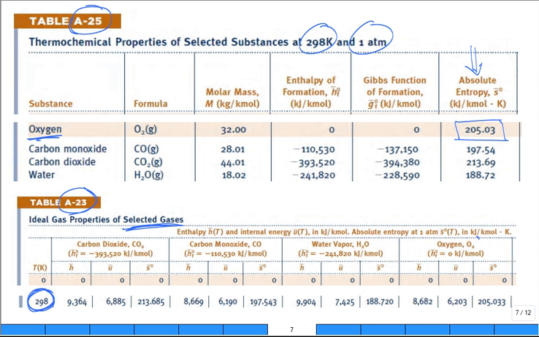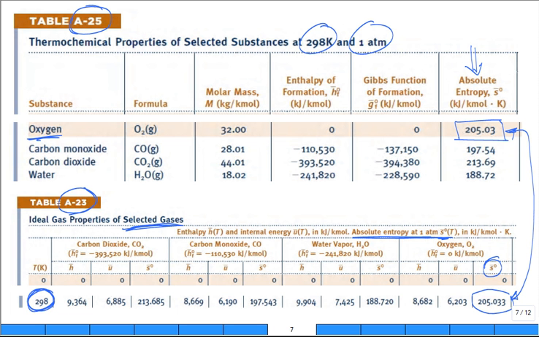Look at oxygen. Look at S bar. Notice that they even give you the name of it. It's the absolute entropy at 1 atm, right? They're telling you that's what S bar naught is. What is its value and how does it compare? Thankfully, they're consistent.